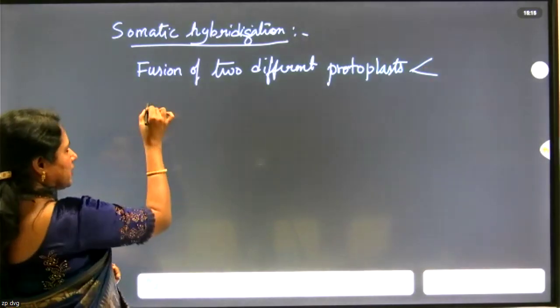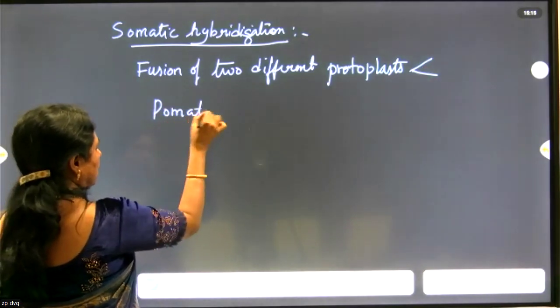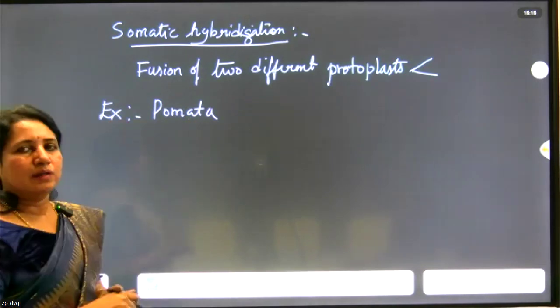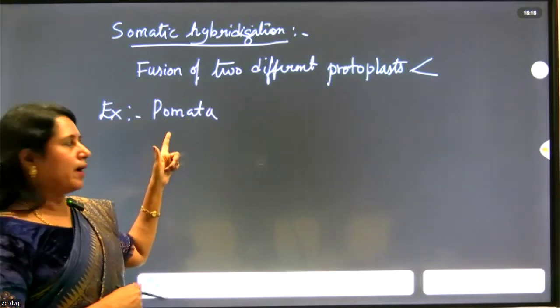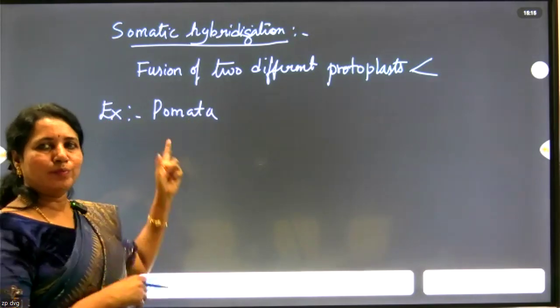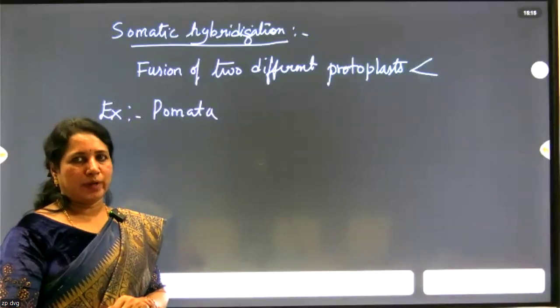Here one experiment has been done and developed one plant that is called pomato. The example is pomato, where the protoplast from the potato and the protoplast from the tomato plant are fused, and they developed one new plant that we call a pomato.